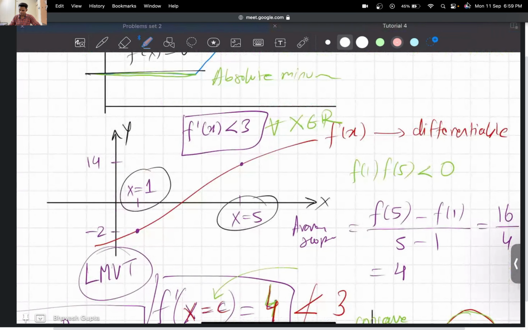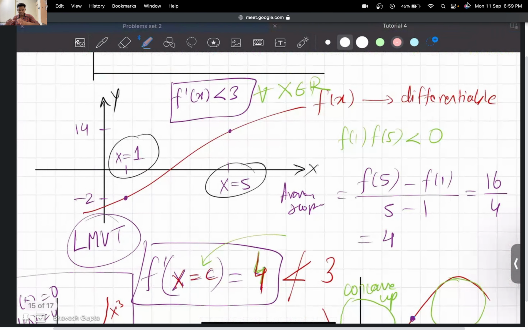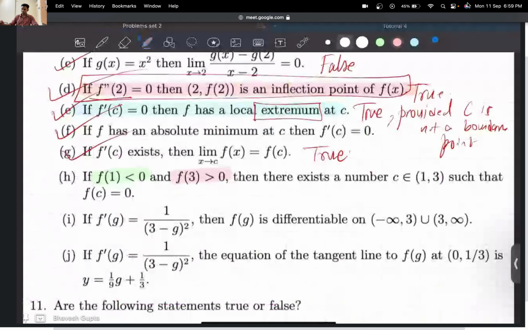Exactly the same argument, exactly the same repetition, you can do this same exercise to justify that f of c is equal to 0 exists.